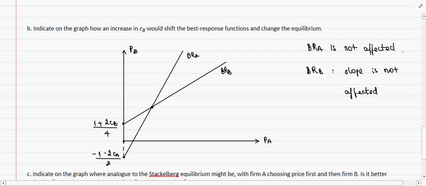However, as you can see, the vertical intercept is going to be different, because the higher the value of CB, the higher the value of the vertical intercept.